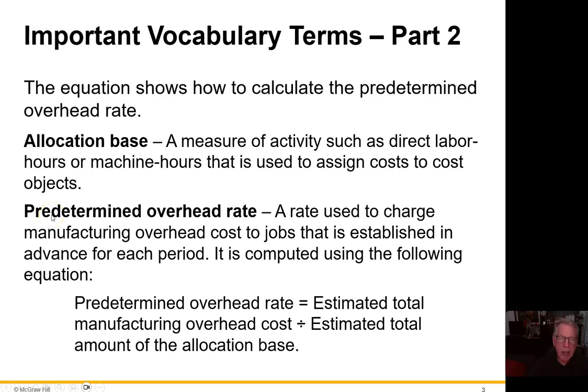Here, it's a rate used to charge manufacturing overhead costs to jobs that is established in advance of each period. It's an estimate. It is computed by using the following equation. We take the predetermined overhead rate, and that's going to be equal to the estimated manufacturing overhead cost divided by the estimated total amount of the allocation base. We had that in Chapter 2.